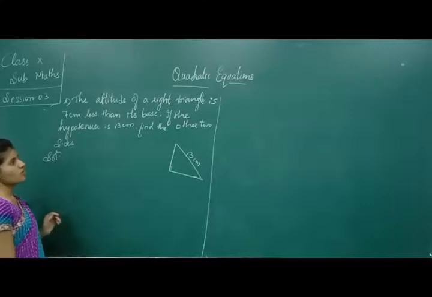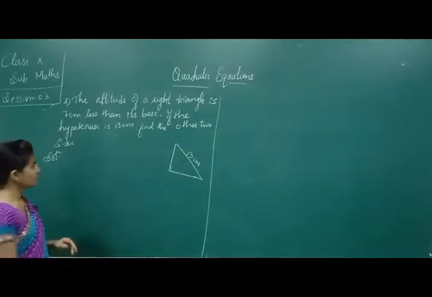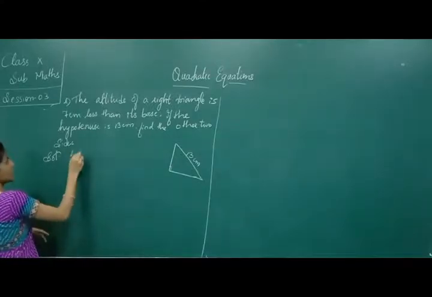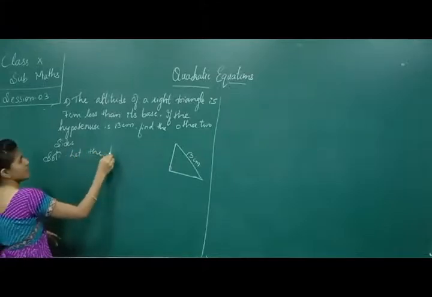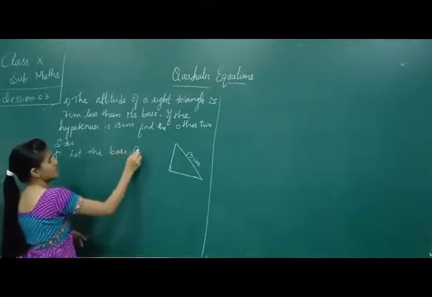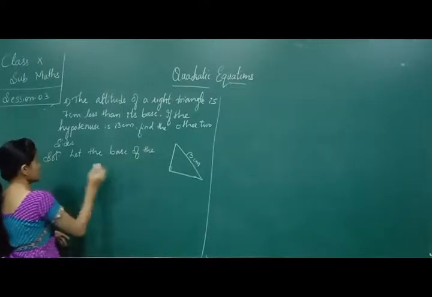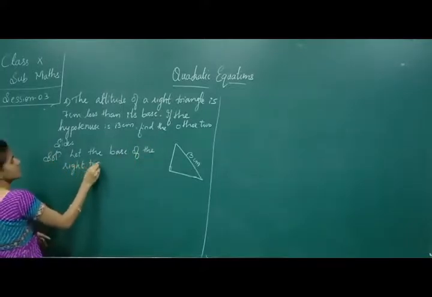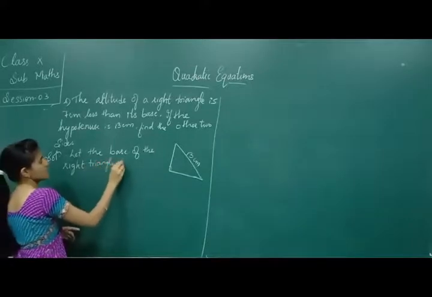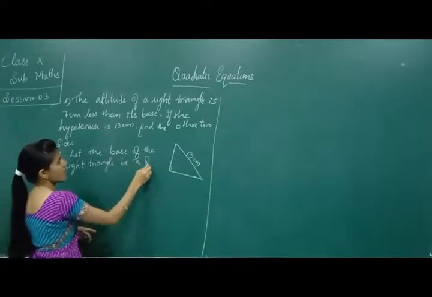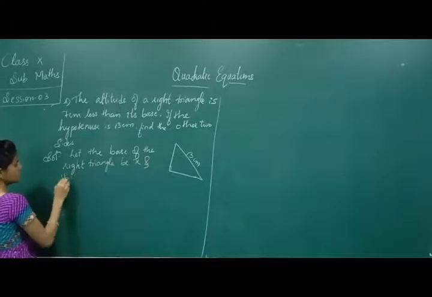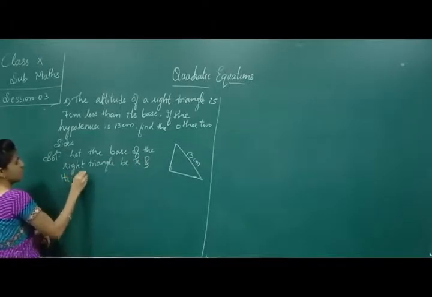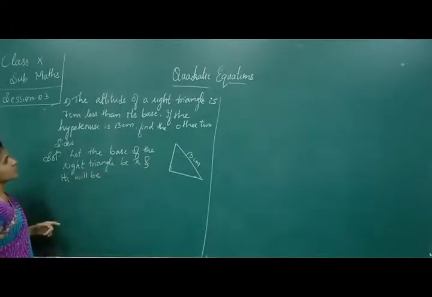Okay. Now we don't know what the base is also. Let the base of the right triangle be x, and its altitude will be, what they have given?